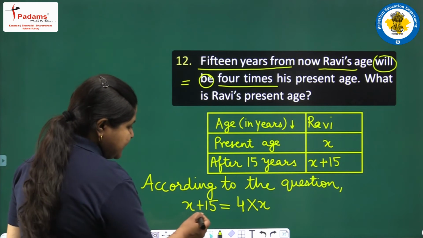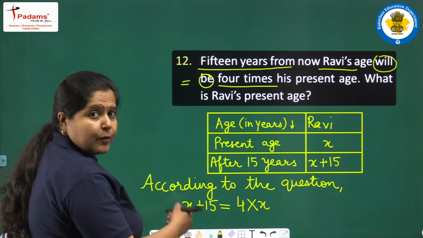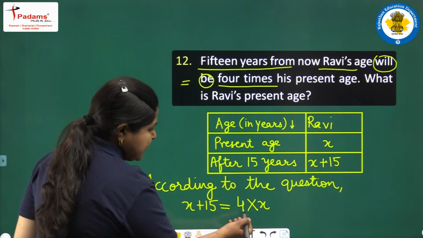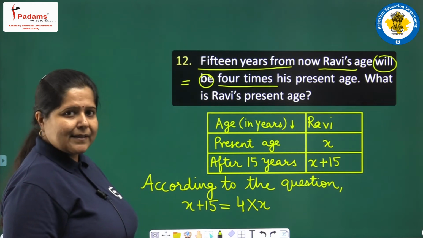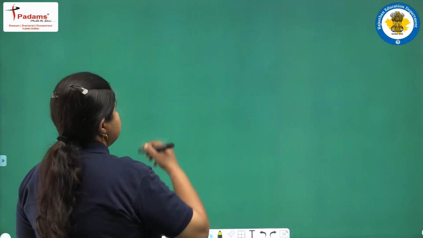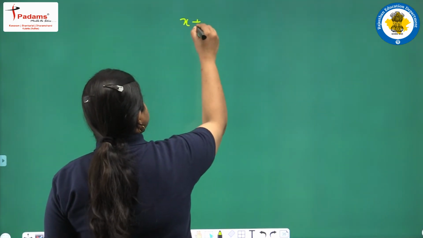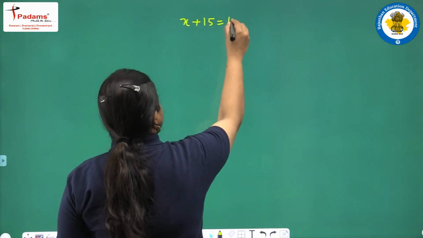This is the age 15 years later from now. This will be equal to 4 times his present age x, 4 into x. We solve it. We are left with x plus 15 equal to 4x.